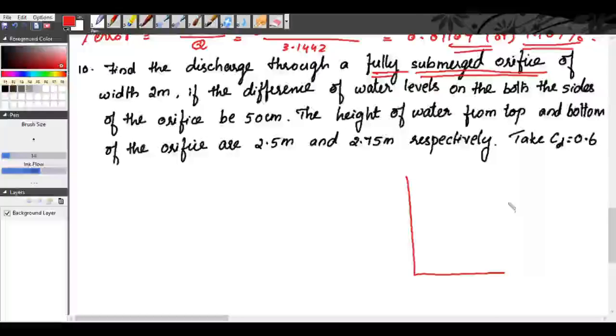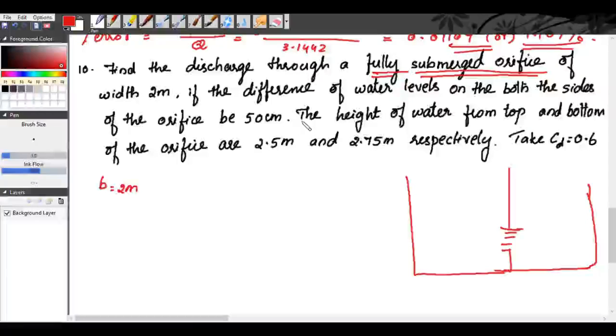So the width of the orifice is 2 meter, and water is traveling like this. So B is equal to 2 meter, if the difference of water level on both sides of the orifice is 50 centimeter.